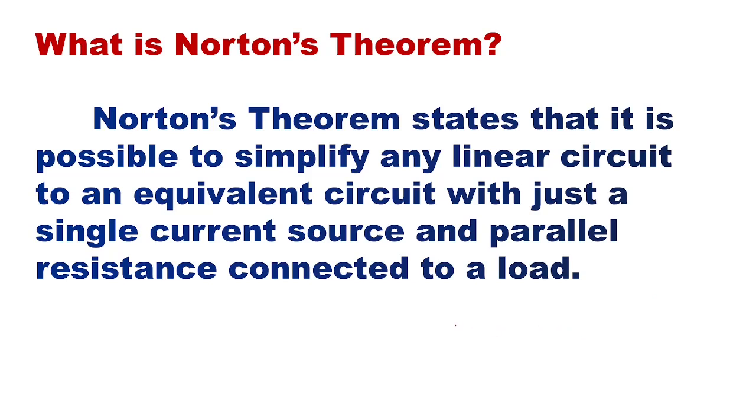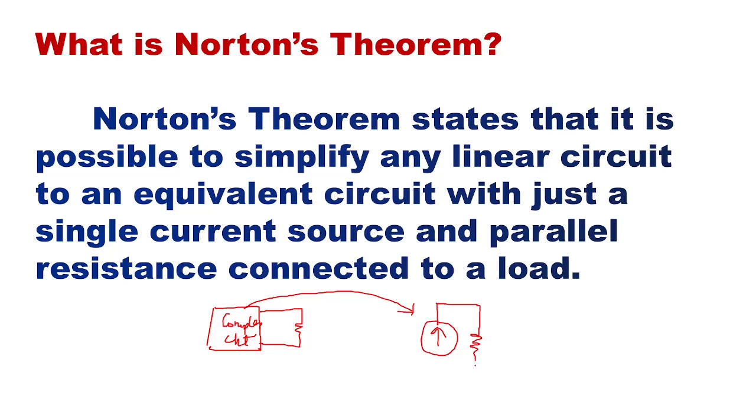That means if you have any complex circuit connected to a load, this complex circuit can be replaced by a current source in parallel with a resistance. To this circuit you can attach your load, whatever you had earlier.